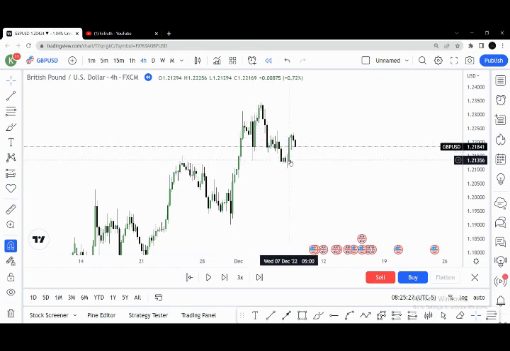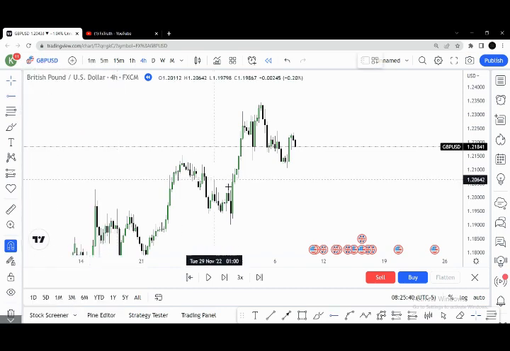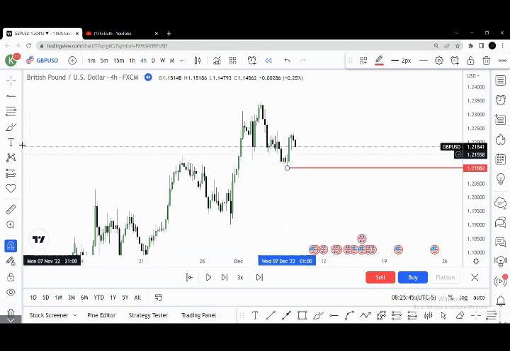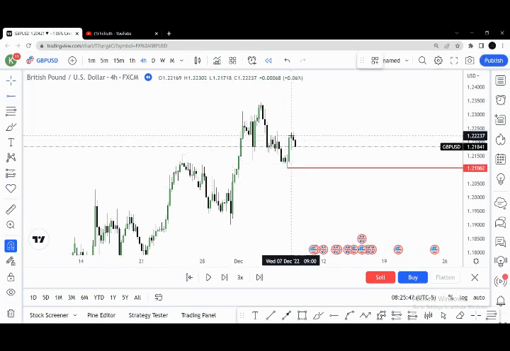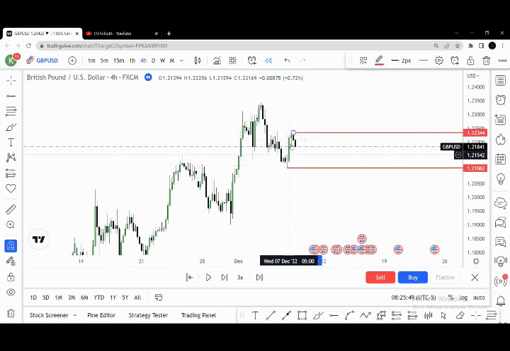And from then on, we saw an impulse leg to the buy side. So now from this low to this particular high becomes another significant area we want to pay attention to in price. So we're going to mark that out using the horizontal ray. Here's going to be this particular range we are working within right now.